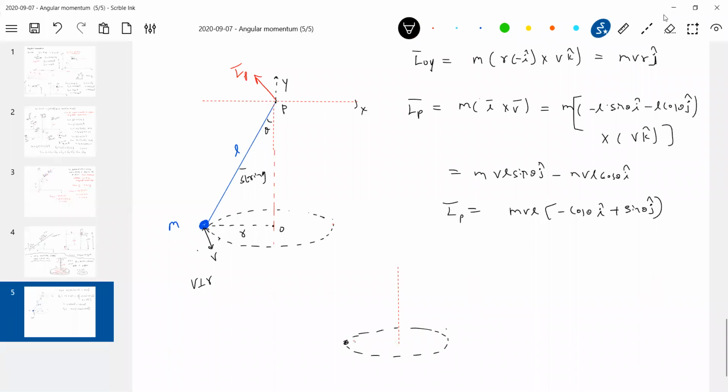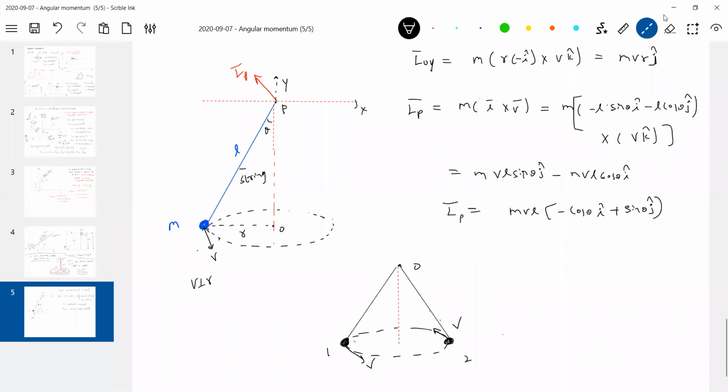When Bob is here, how is L bar, and when Bob is here, we have to show L bar. There's a position 1, position 2. So here it will have velocity V, here it will have velocity V like this, tangential, at point 2.